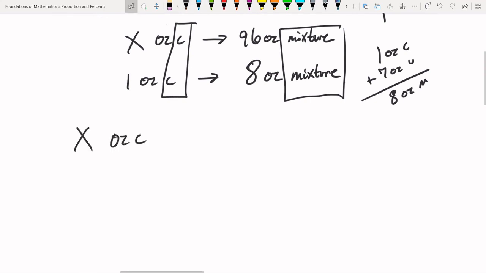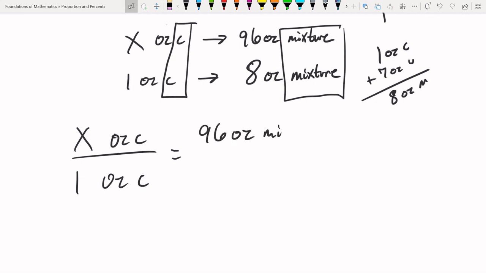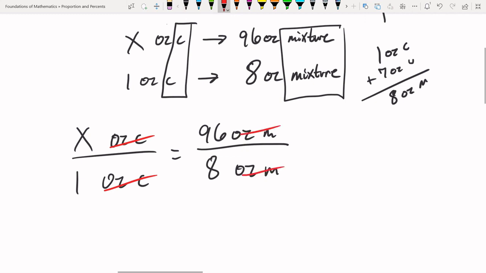X ounces chemical to 1 ounce chemical equals 96 ounces mixture to 8 ounces mixture. And you see the units cancel, which is good. And you can also see that X goes to 96 as 1 goes to 8. So we have everything lined up correctly.